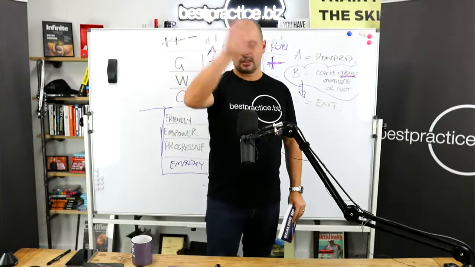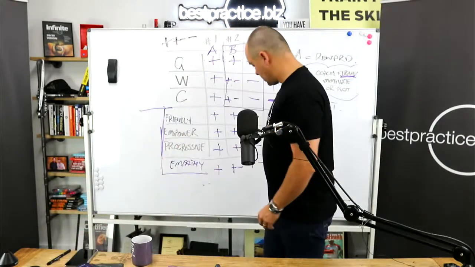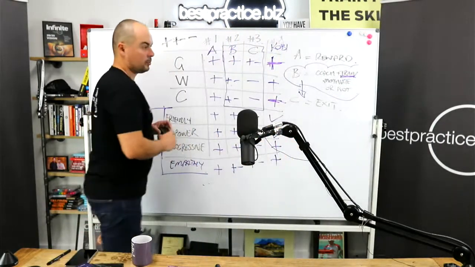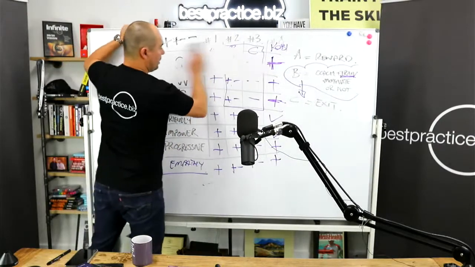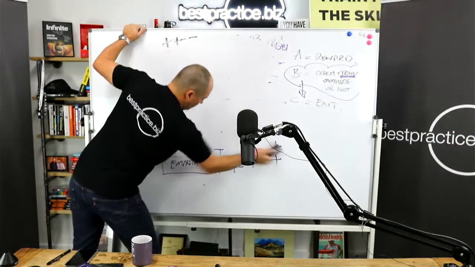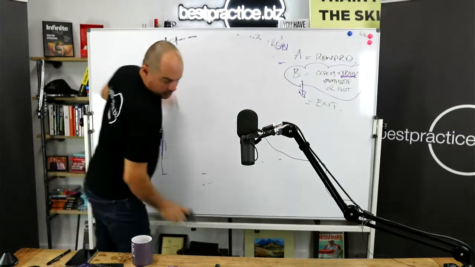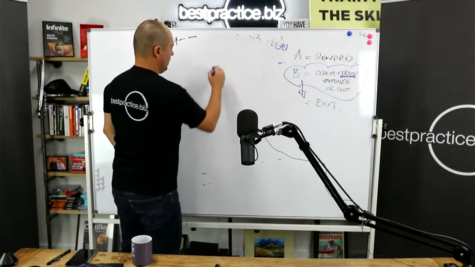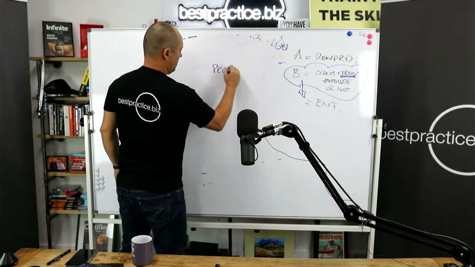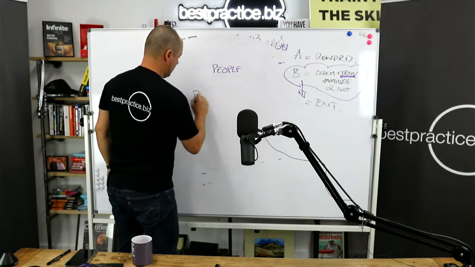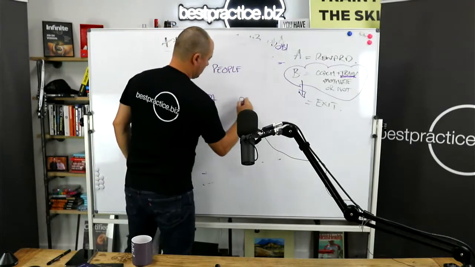I see that there's kind of 3 intersecting rings in an organization. I'll just fill this in while we wait for comments. Has this been helpful? Let me know, yes or no. So just quickly, people, data, process.